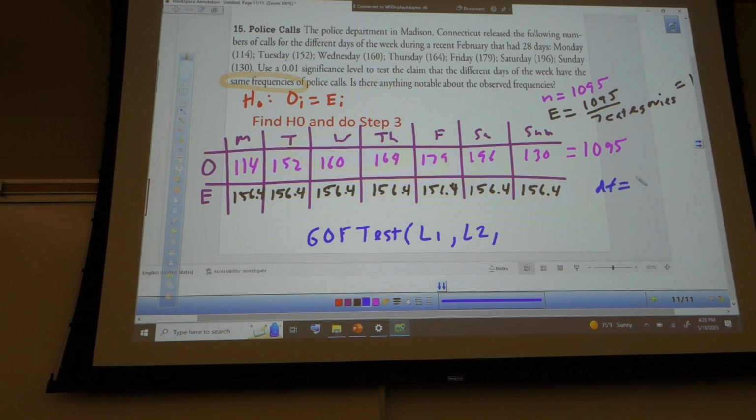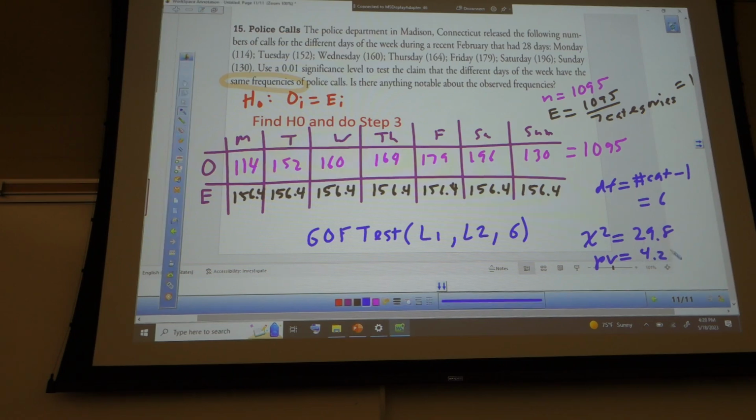Yep, it's the number of categories minus 1, so that's 6. And you got a chi-squared of what? 29.8 and a p-value of 4.25 E negative 5.